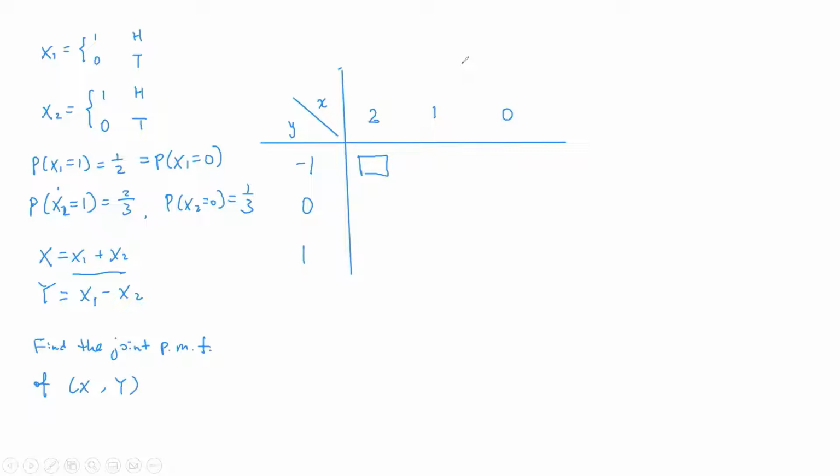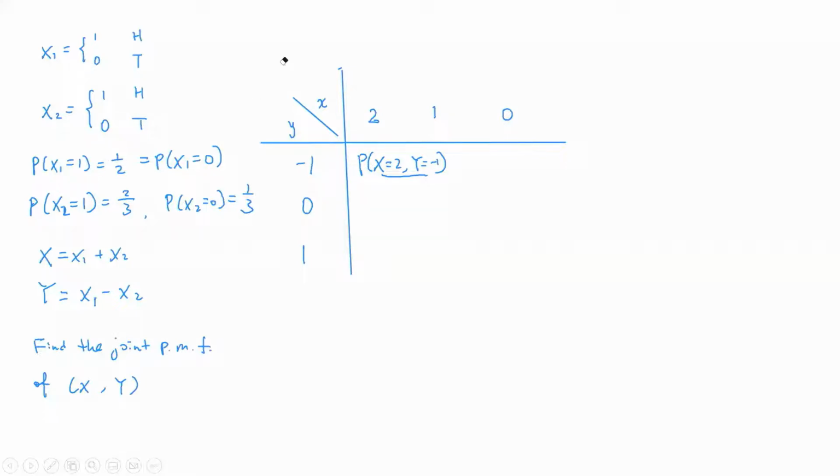Let me just write down what it looks like and then give the value later. It's not straightforward to work with this event directly. We need to translate it to events with respect to X1 and X2. That will be easier.